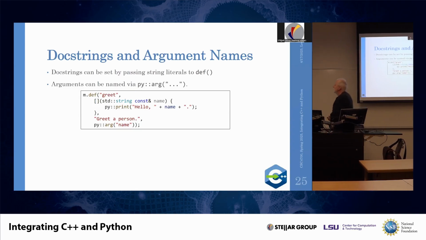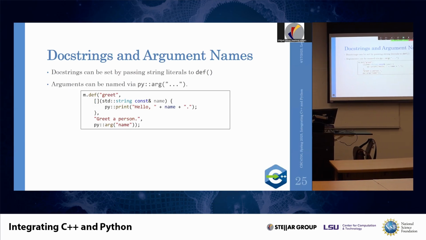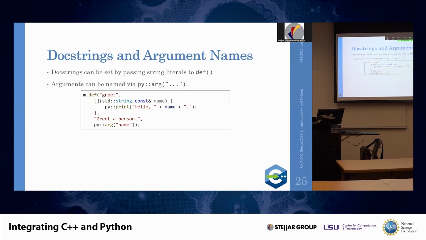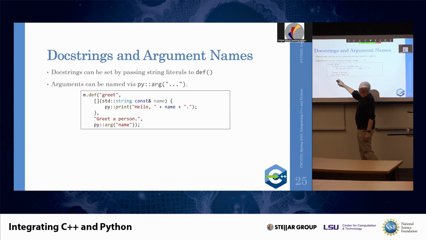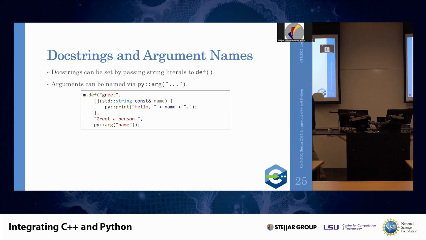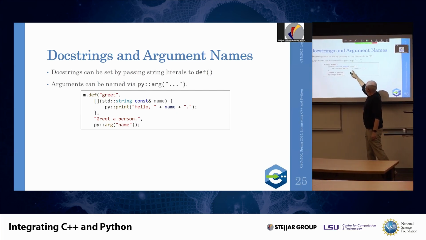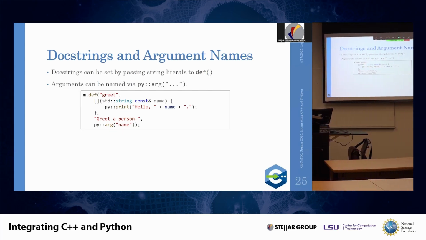Let's be a bit more sophisticated and say, I want to have named arguments. Python has named arguments. Why not do it? Well, you can do it easily just by adding py::arg("name") as an additional argument to my def function, which will expose a greet function with one argument that can be used as a named argument with name equals to something.